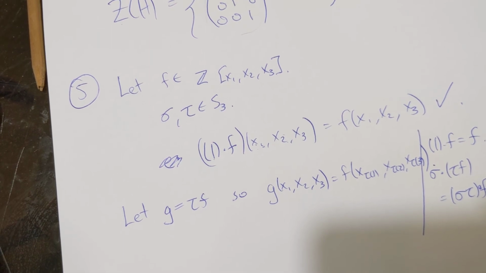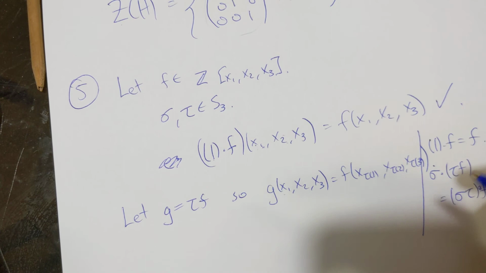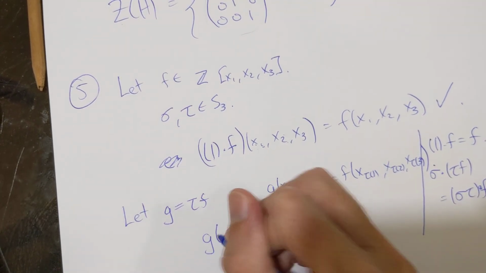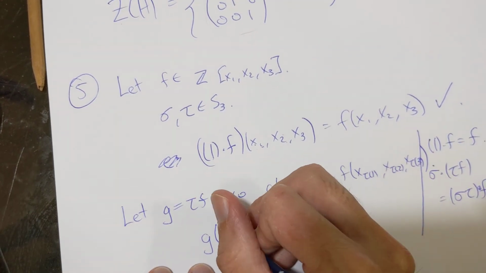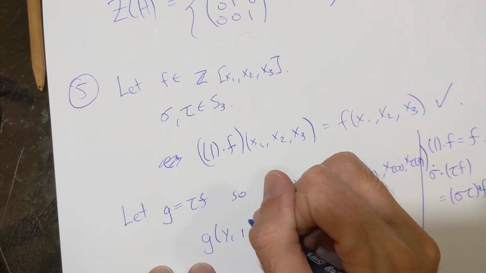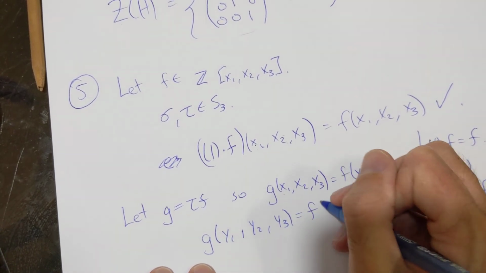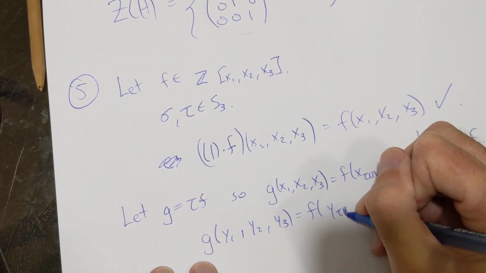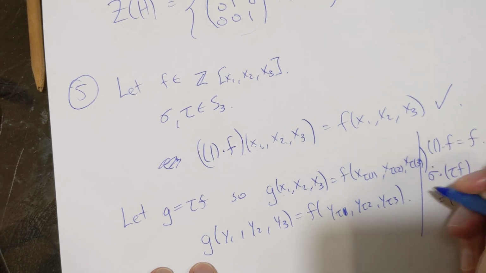Now, we're just going to substitute y's for x's so that we can compute a formula for sigma g. So we'll look at g of y1, y2, y3. Well, that's just f of y tau 1, y tau 2, y tau 3.